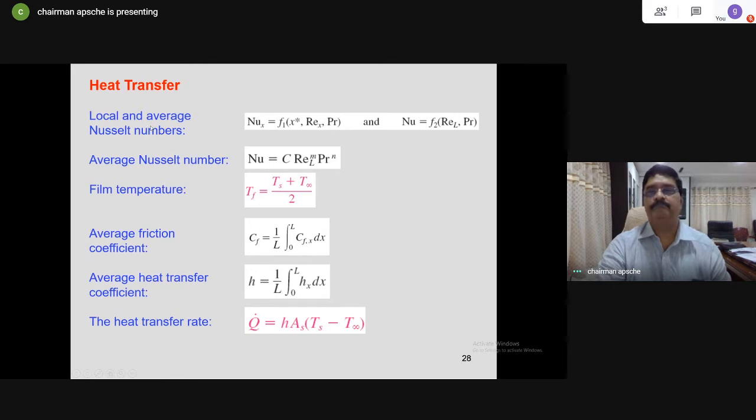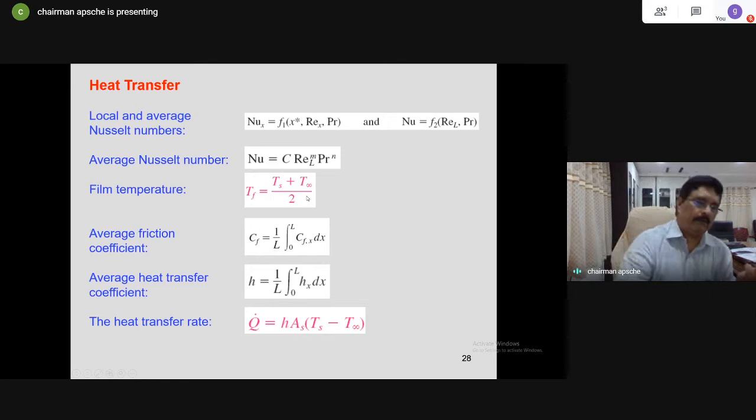The heat transfer local values I have already discussed. But please remember the property values. For the Prandtl number, you use mu Cp by K, where mu is a property, Cp is a property, and thermal conductivity K of the fluid is a property. Reynolds number is rho V L by mu, where rho and mu are properties.